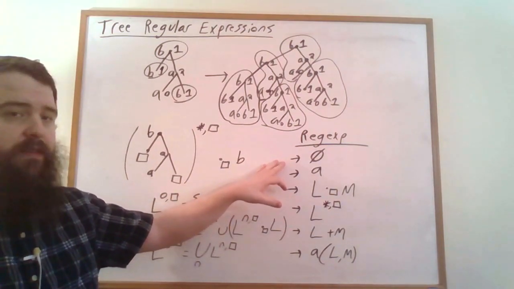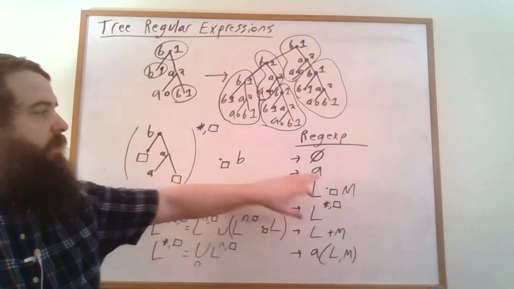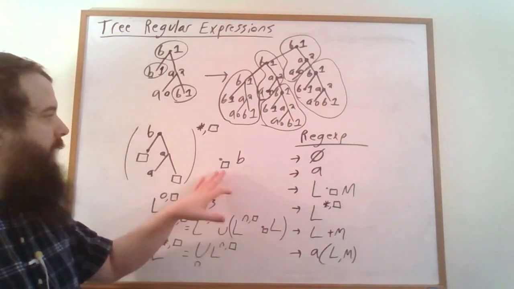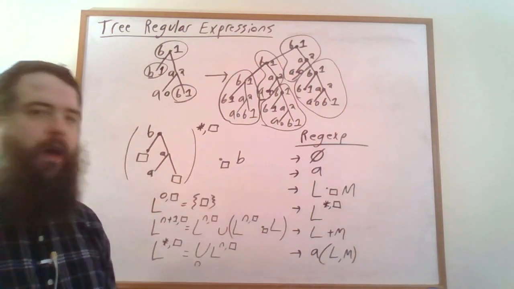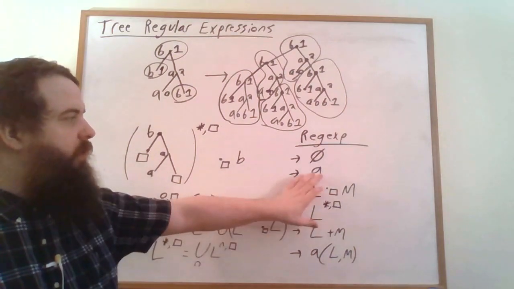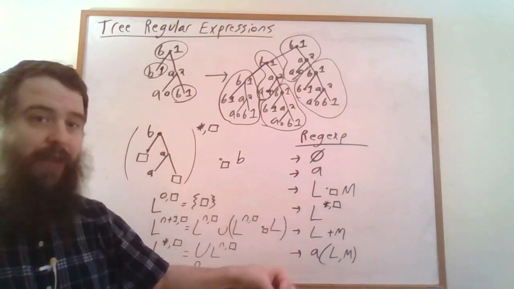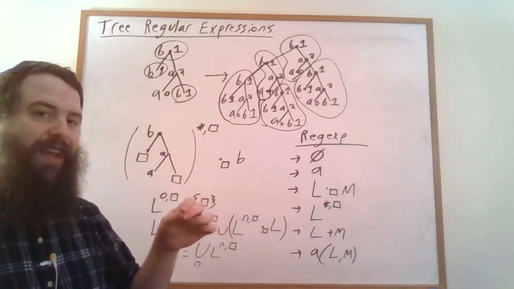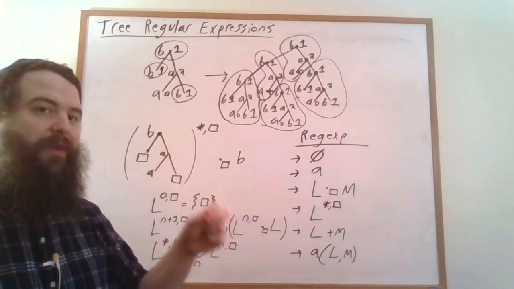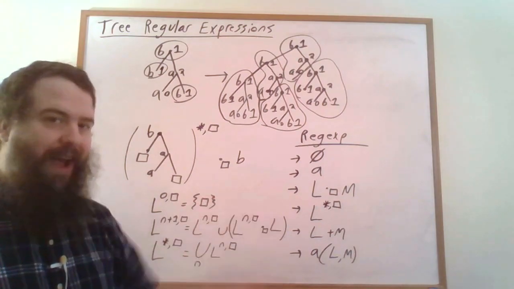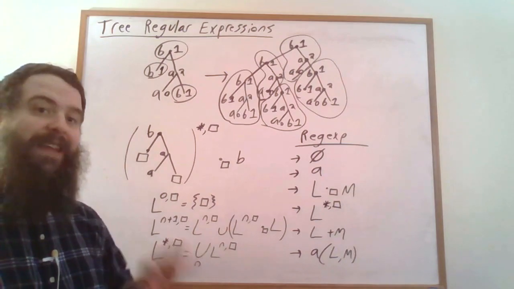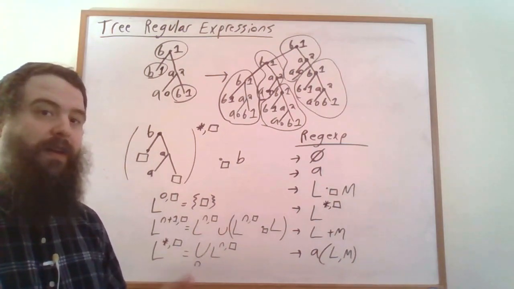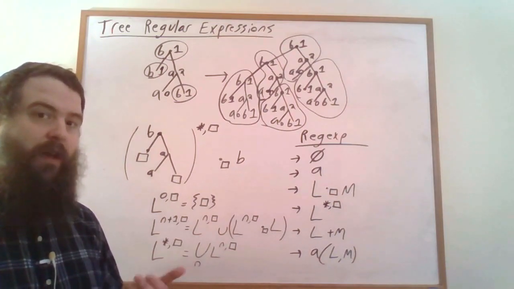You can't get this otherwise. And then for every character in our alphabet and possibly some extra dummy characters like a box, we're going to want to include the singleton language that just contains one tree, that just contains one node, which is labeled with that character.